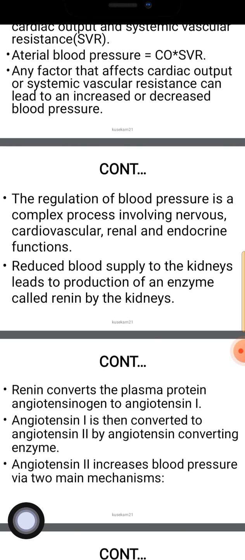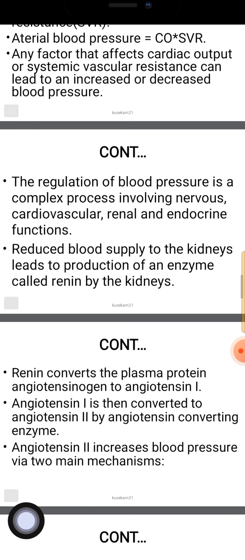If there is interference affecting the cardiac output, or the other way around, interference affecting the systemic vascular resistance, or maybe interference on both, someone may have low blood pressure or high blood pressure. It depends on the factor that has affected those areas.